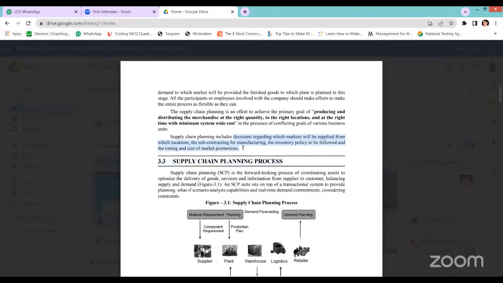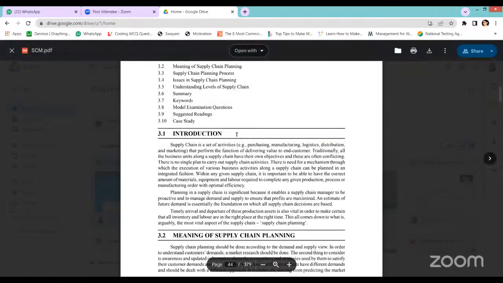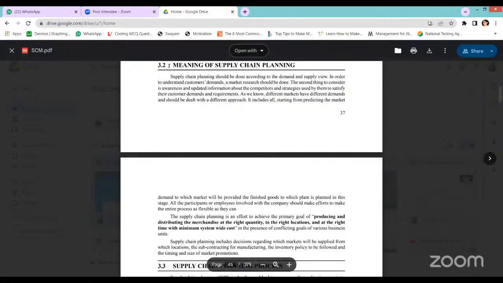And the timing and size of market promotions: when the market has to be promoted and how much to be spent. If you write these when you get a question on supply chain planning, that's a good beginning. Supply chain planning should be done according to the demand and supply view, and in order to understand customer demands, market research has to be done.